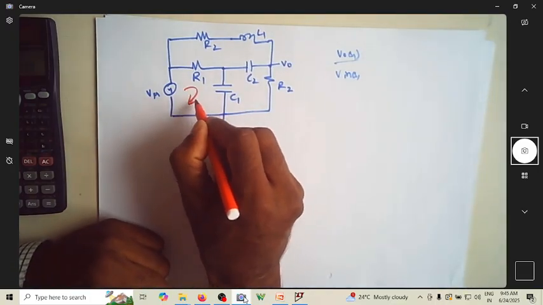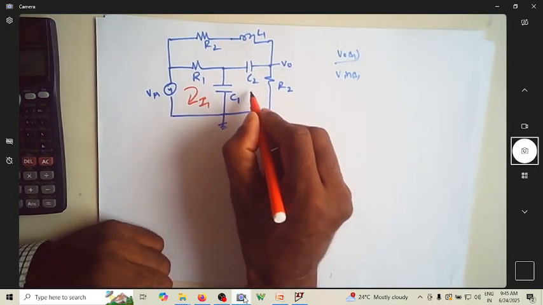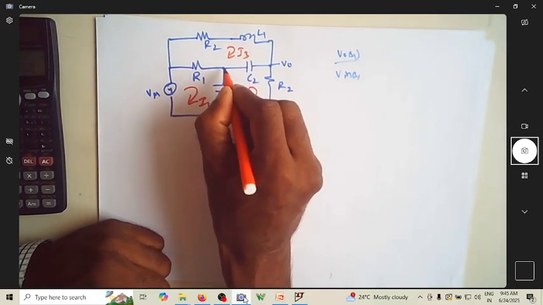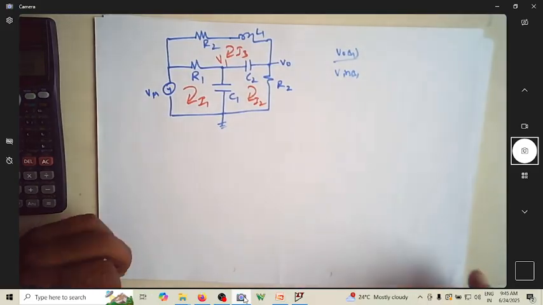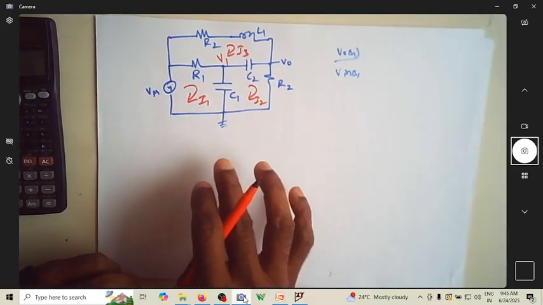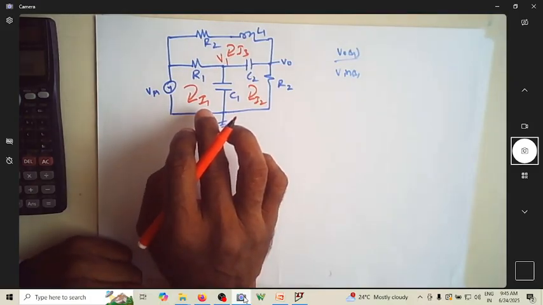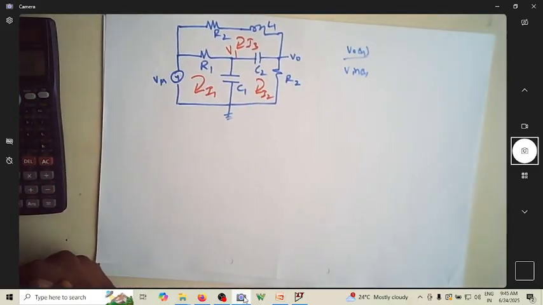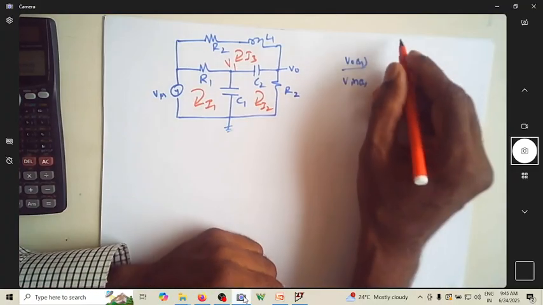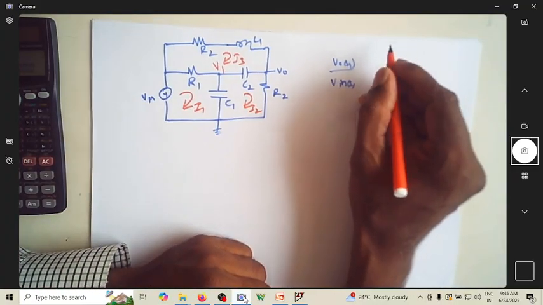So let me take this loop current as I1, this as I2, and this as I3. Let me consider this as some V1 node voltage. Now let me try to write the equation for each of the dependent variables, and then try to form the signal flow graph.